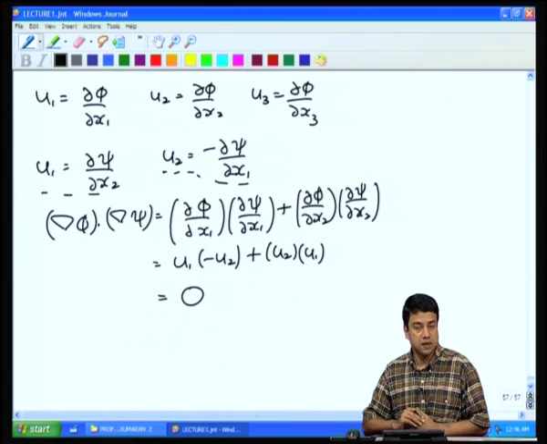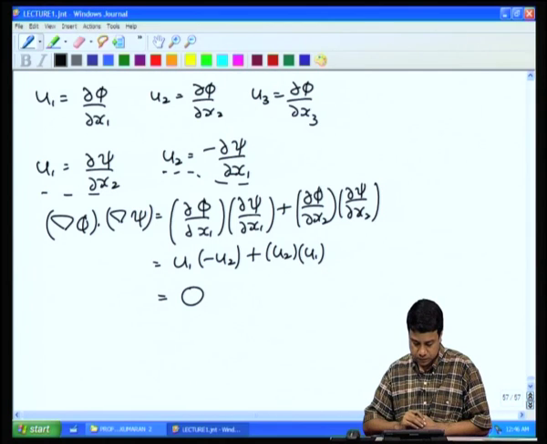Since the lines of constant stream function are perpendicular to the gradient of the stream function, and lines of constant potential are perpendicular to the gradient of the potential, the lines of constant potential and the lines of constant stream function always intersect perpendicular to each other in the fluid flow.